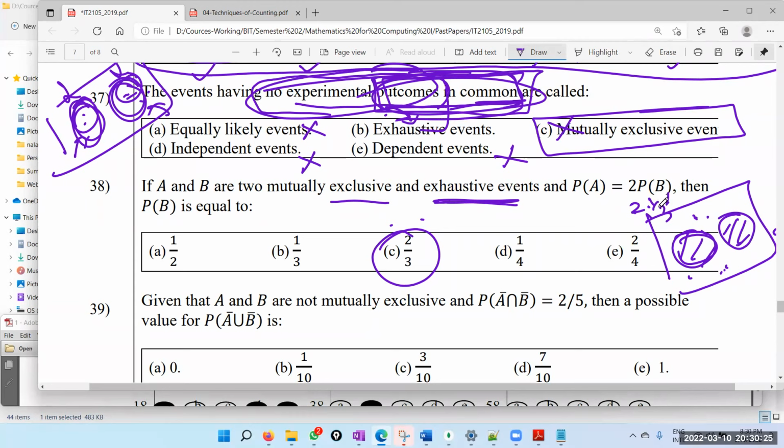So P(A) is 2/3. What they ask is P(B), right? So P(B) is 1/3. Then 2 times 1/3, P(A) is 2/3. Then P(A) plus P(B) apply.